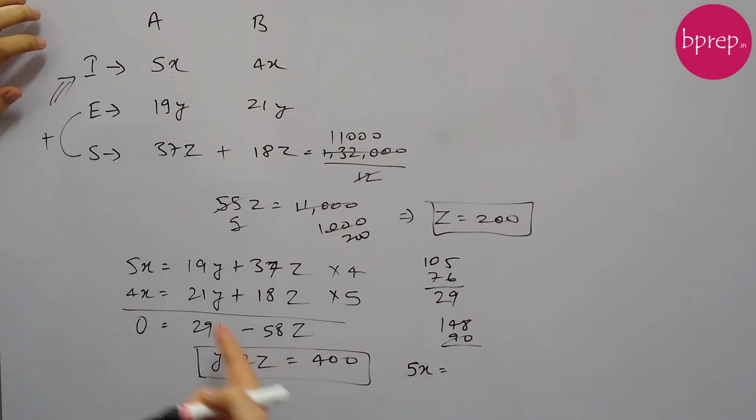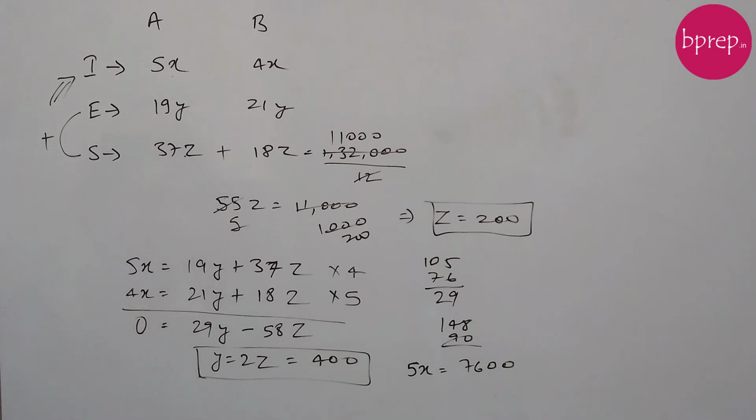So 19y is 19 into 400, which is 7600, and 37z, where z is 200, 37 times 200 is 7400. So this is 15,000.